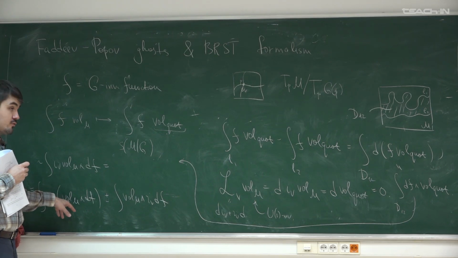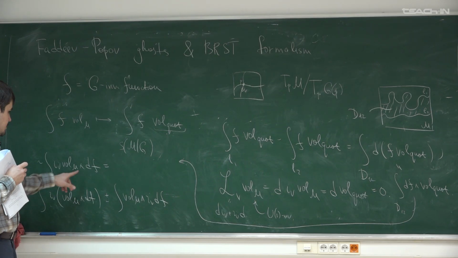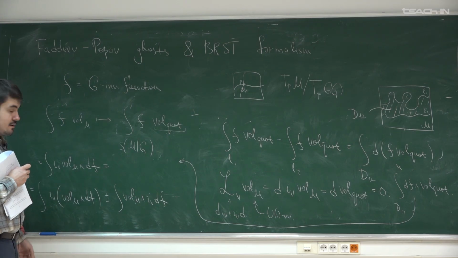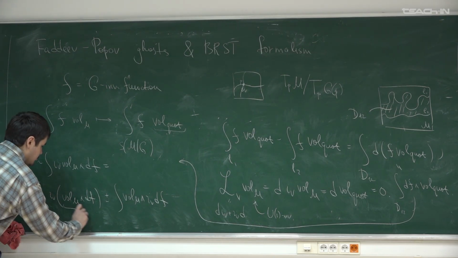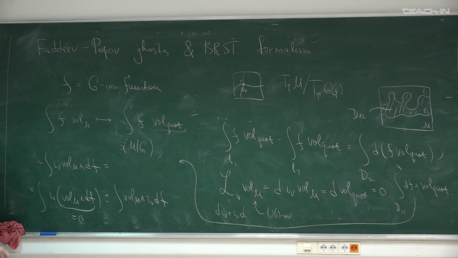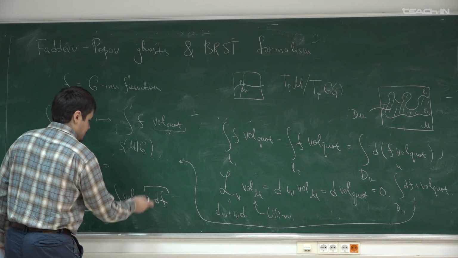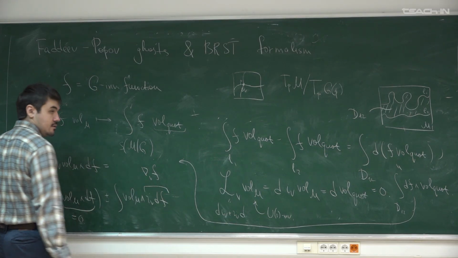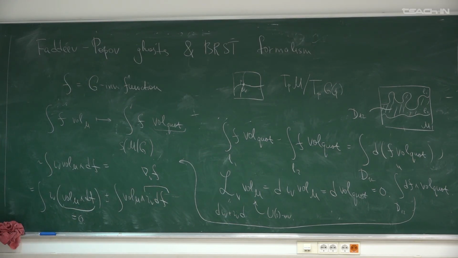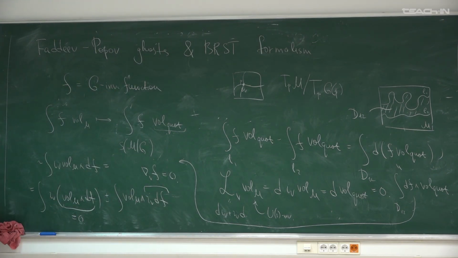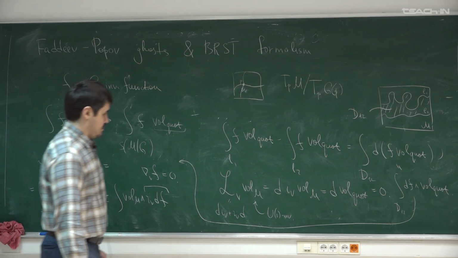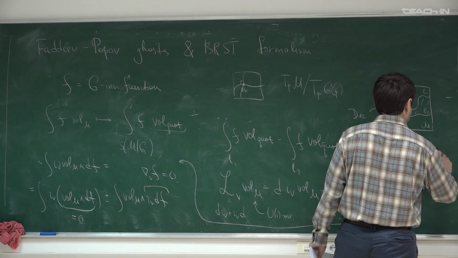It acts on the first form plus it acts on the second form. So here I kind of integrate by parts, basically. I swap this i_v to the other factor. And this guy is 0 just by dimension. And this is nothing but a derivative of f along v. But f is a G-invariant function, so its derivative along the action of G is 0. So the end result is that this is 0.